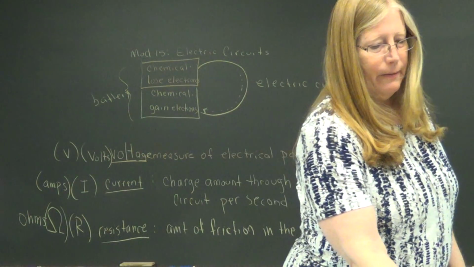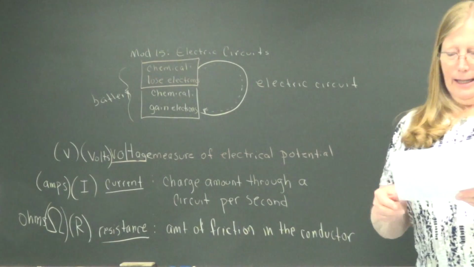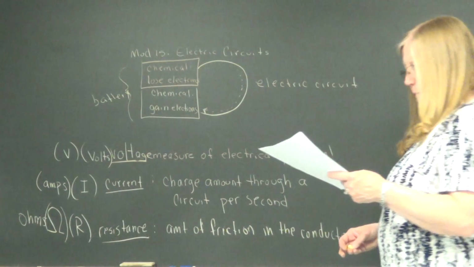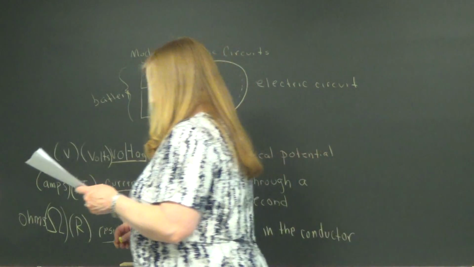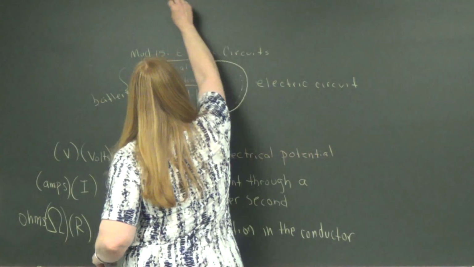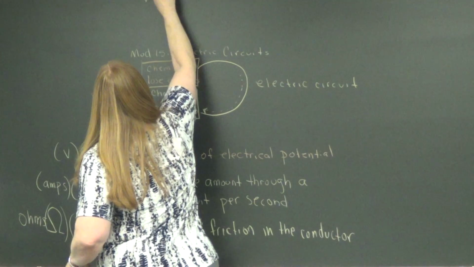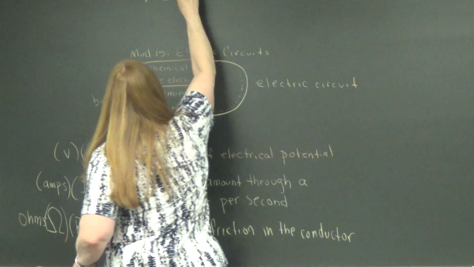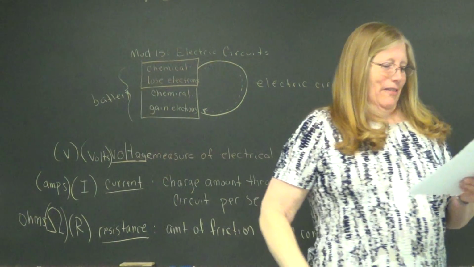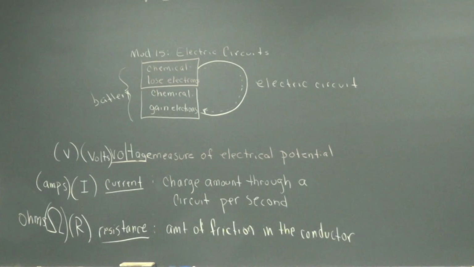There's a formula that relates these three, and it is one you've probably seen before, and that is voltage. Pretty important, I'll put it up top. Voltage equals IR. Have you seen that one before somewhere? I'm not sure what your electrical past has been. If you've had any, you've had this.